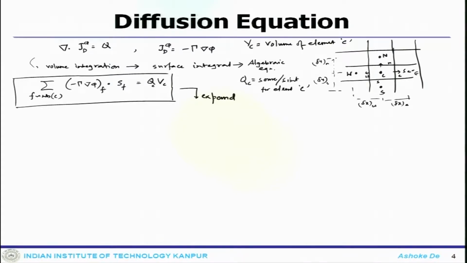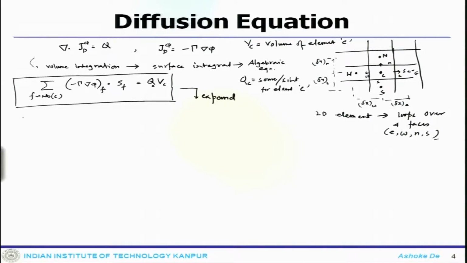It is a 2D element, so the loop goes over 4 faces: east, west, north, south. That is why it is very important to keep track of this notation.